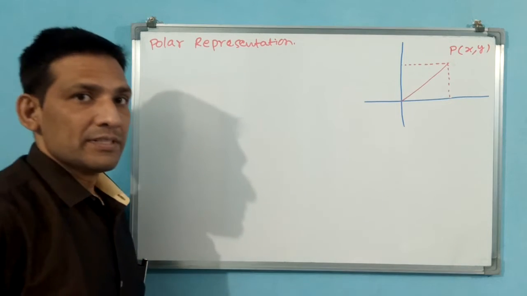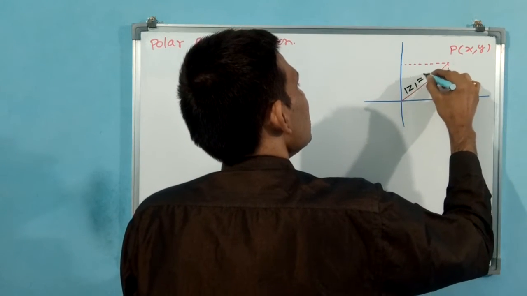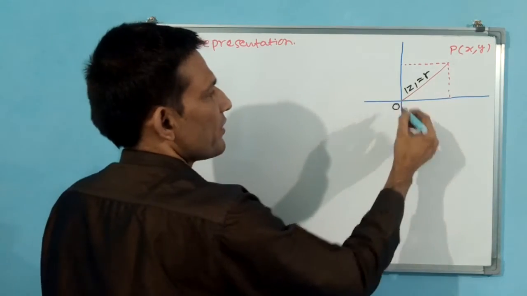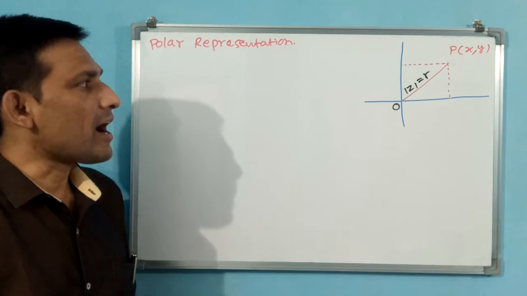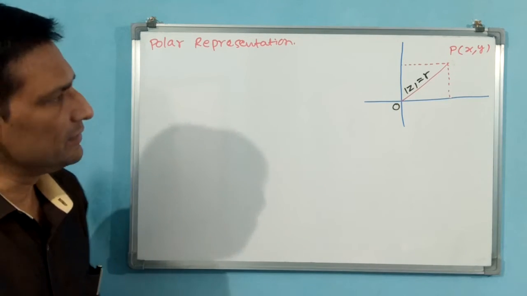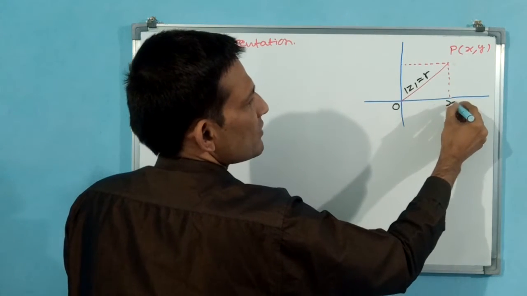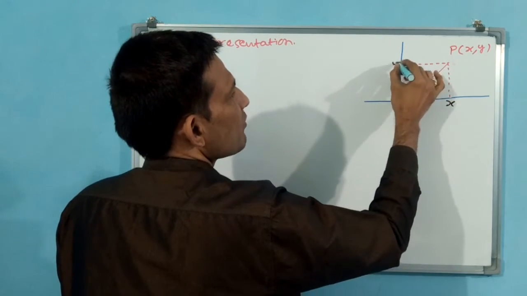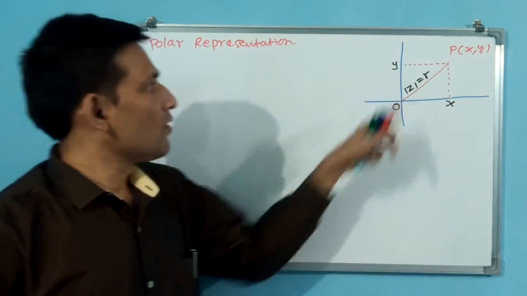Now we already know that this is called the modulus of Z, equal to r. OP is the modulus of Z. This is the hypotenuse or distance. Now you see, from 0 up to here we can say x, from 0 up to here we can say y, horizontal x, y.